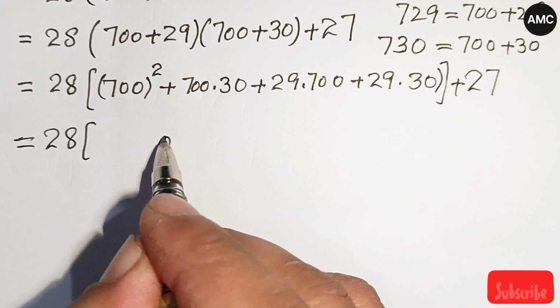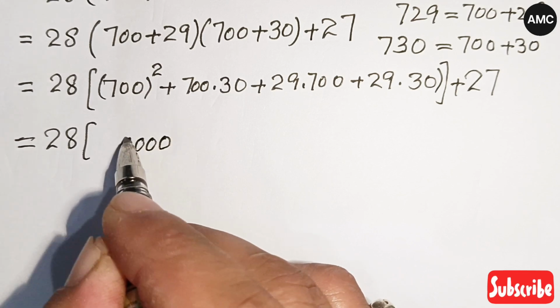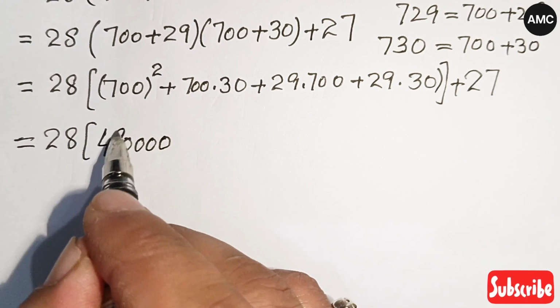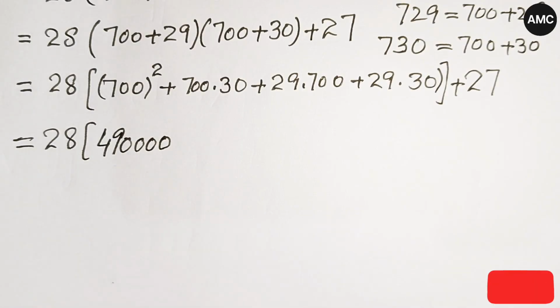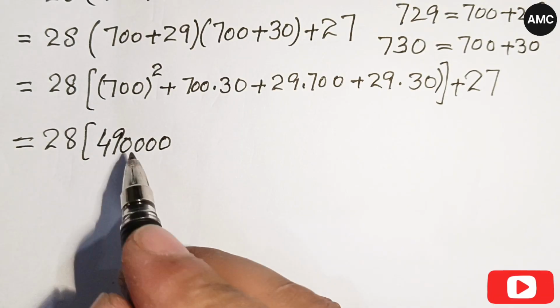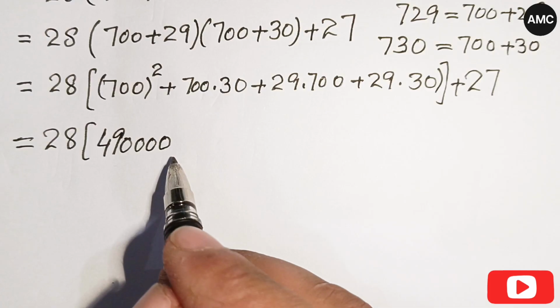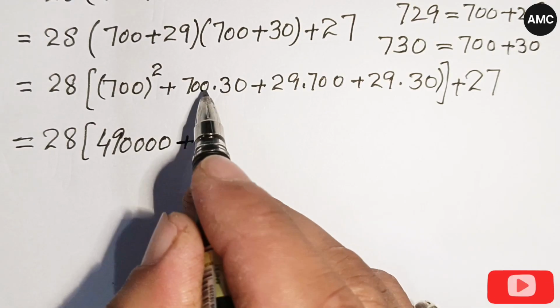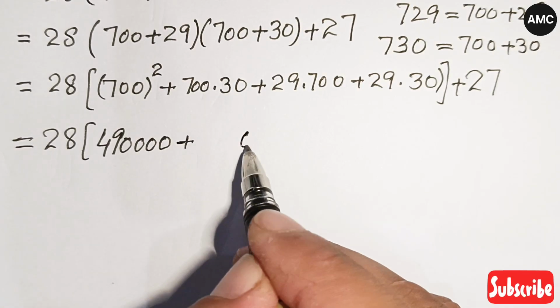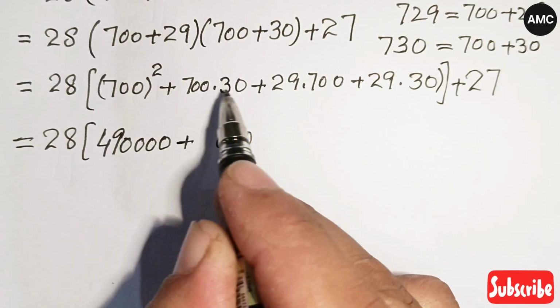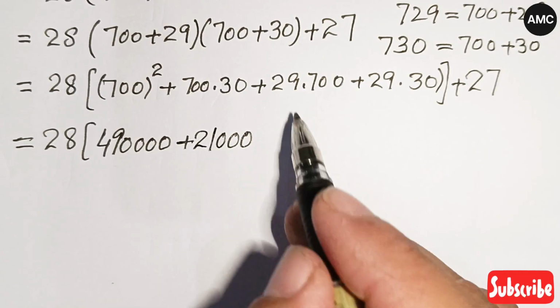Now our next step will be 28 times here 700. First of all we write 4 zeros here and 7 squared is 49. So we get 49 with 4 zeros, plus here 3 zeros: 7 times 3 is 21.